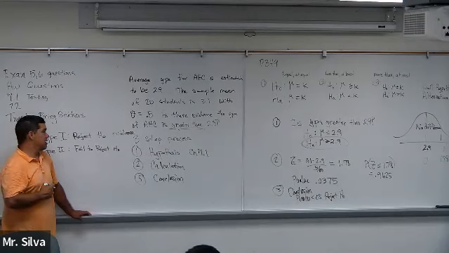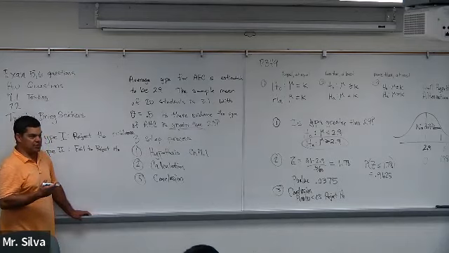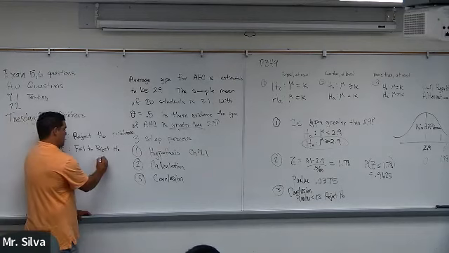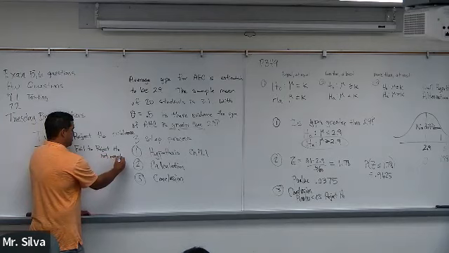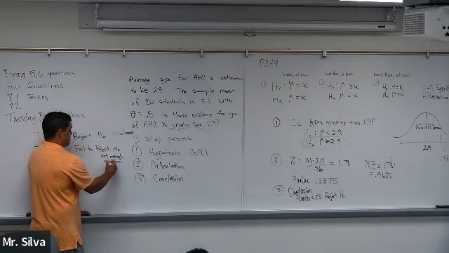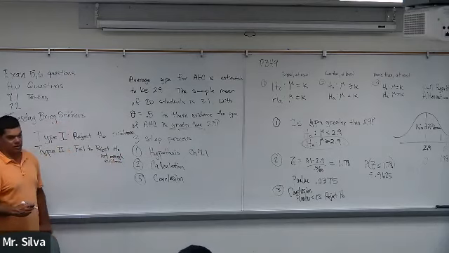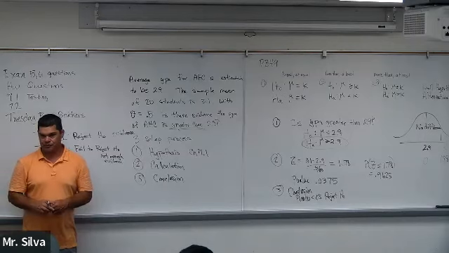We would say type 1 error. If we fail to reject, there's not enough evidence. Even though somebody committed the crime, we don't have enough evidence to convict them. There's not enough evidence to reject, even though they really did the crime.